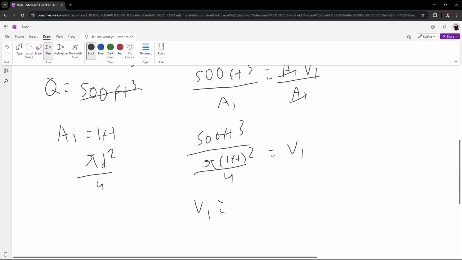V1 is equal to, on the calculator, 500 over pi times 1 squared over 4.